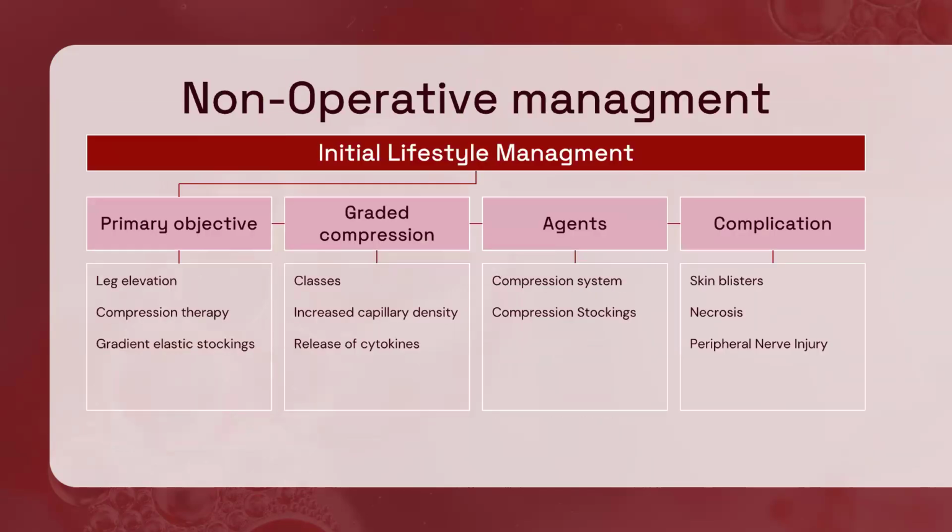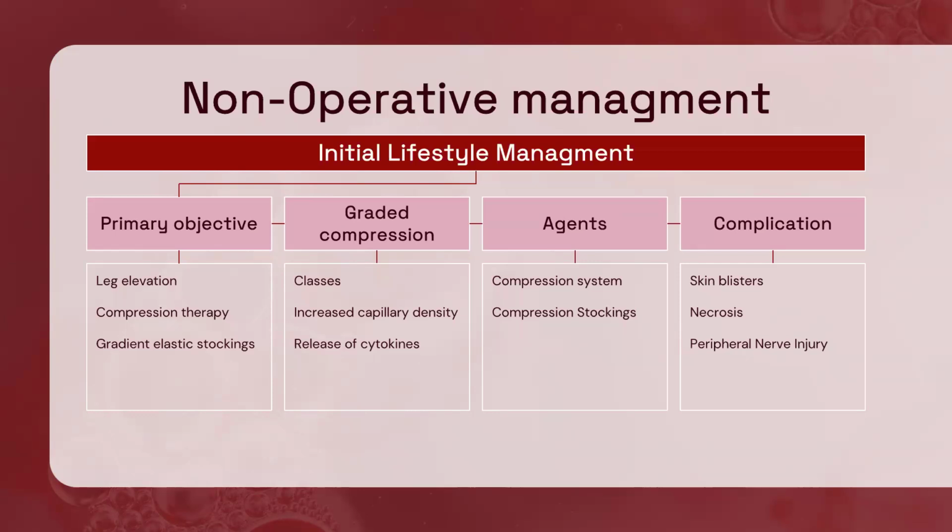For initial care, the patient should be counseled for lifestyle management, weight reduction, exercise, and the primary objective of non-operative management is leg elevation, about 30 degrees above the heart level, and compression therapy with gradient elastic stockings.